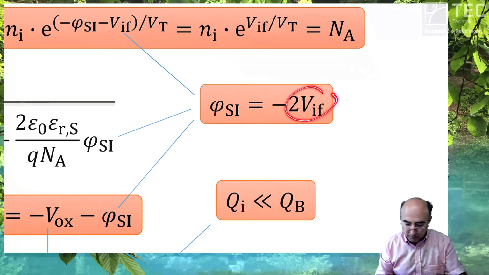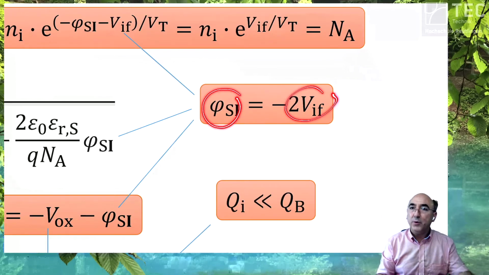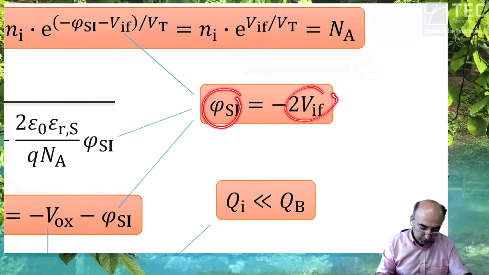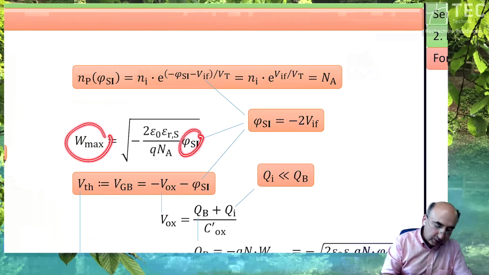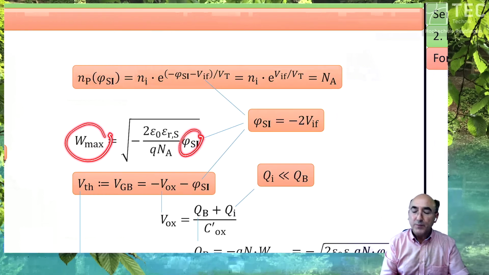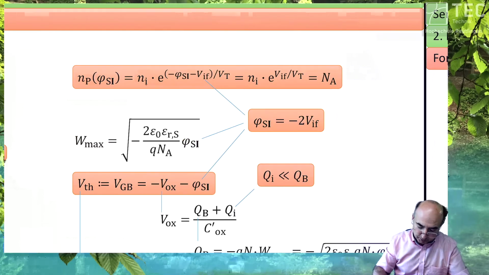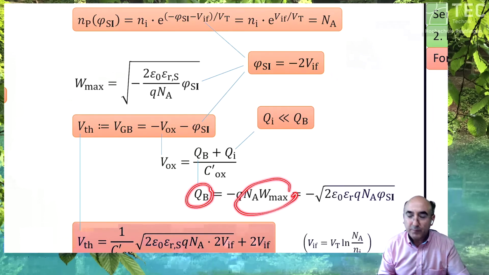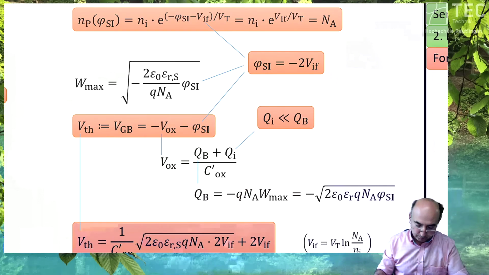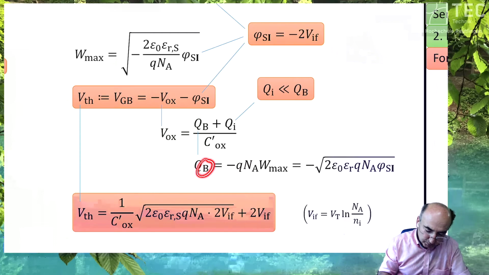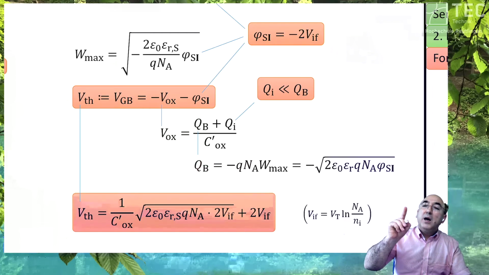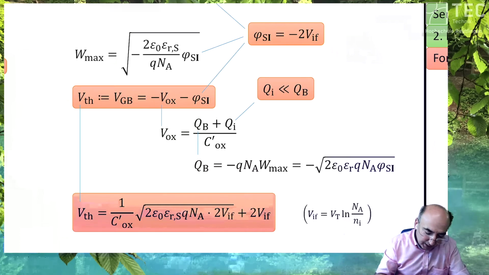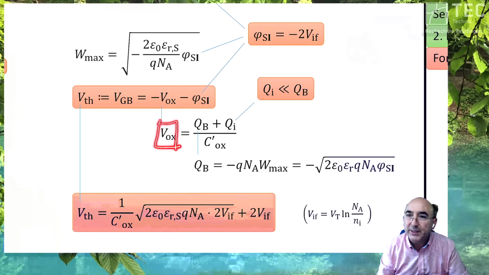It's times 2. And this is the potential in the semiconductor. If we know this potential in the semiconductor, we know the width of the space charge. If we know the width of the space charge, we know the charge itself. If we know the charge, we know to which value we have to charge the oxide, with which voltage we have to charge the oxide capacitance.